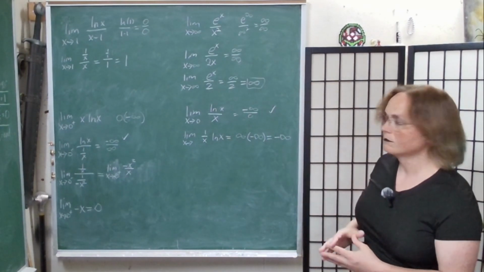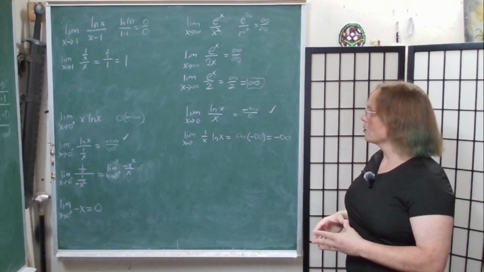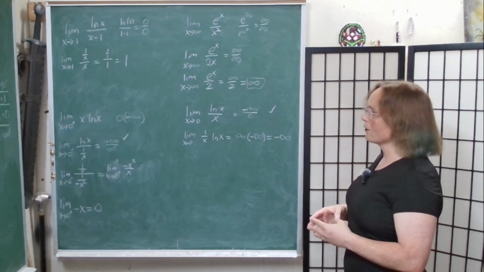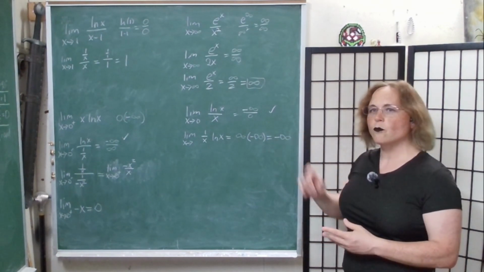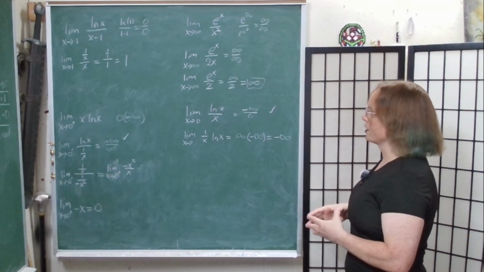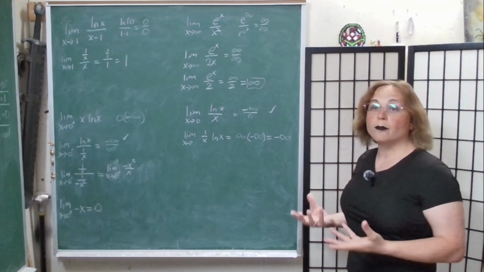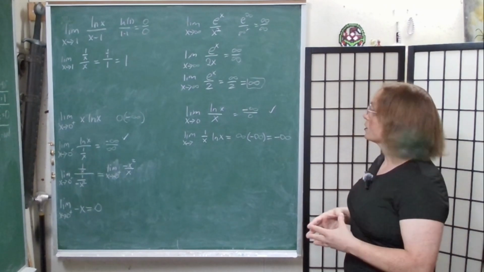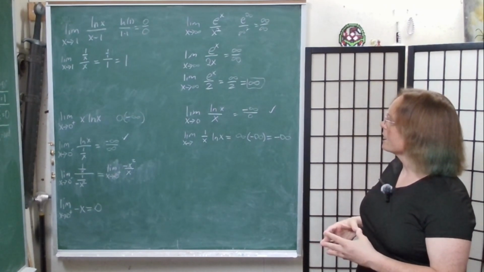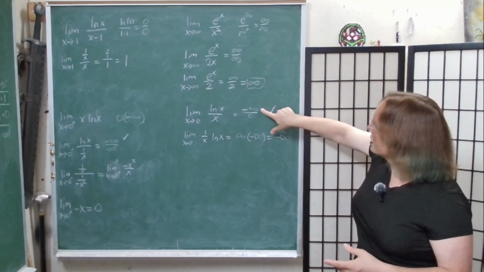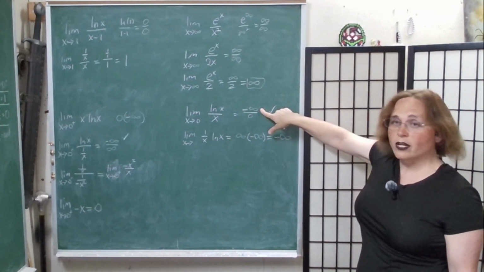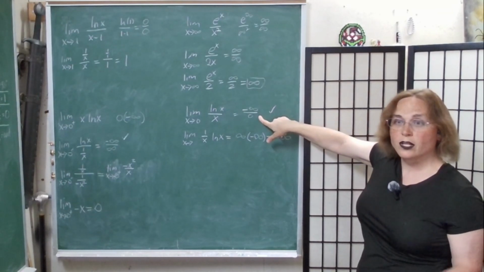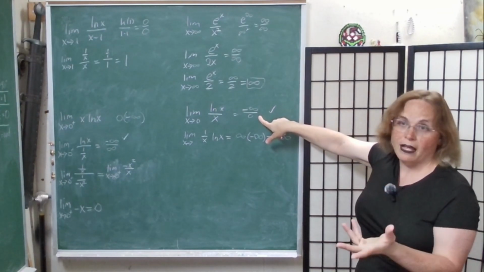Not with this, though. And then on our last one, this one doesn't qualify for L'Hopital's rule, but unlike the other one, this isn't a division situation. There are a couple of ways you can look at this one. One of the things you can see is that this is running off forever getting large, and this eventually runs to smaller and smaller values.